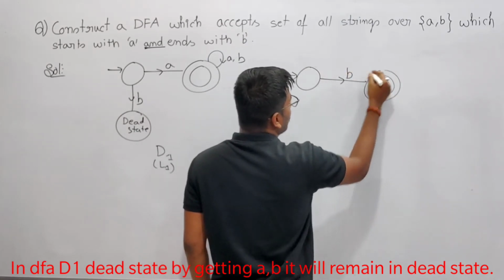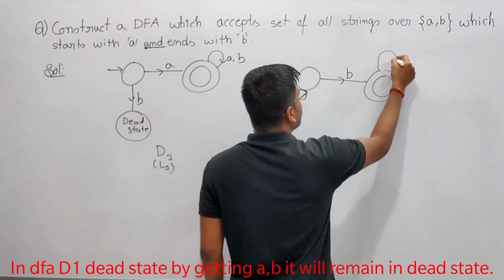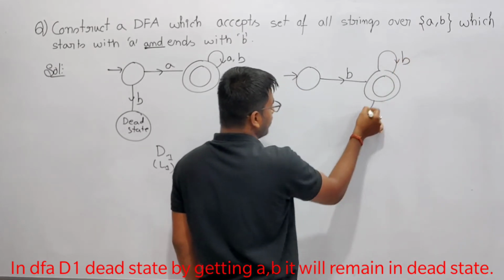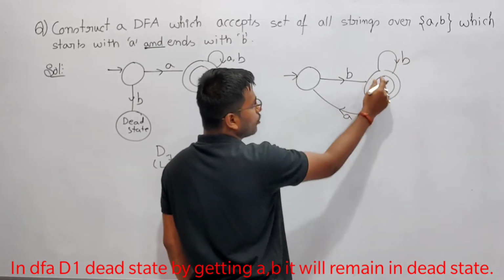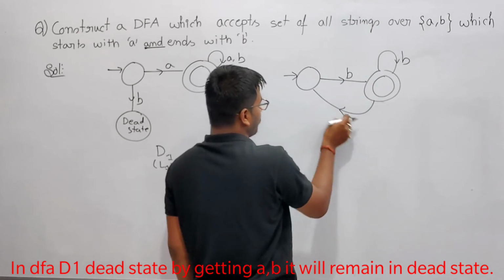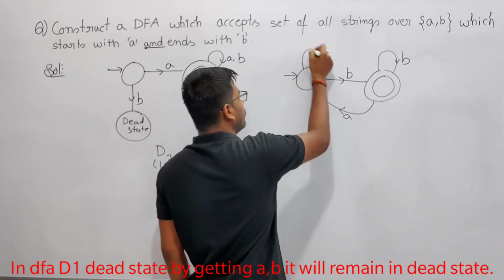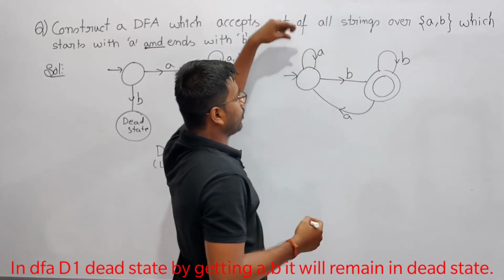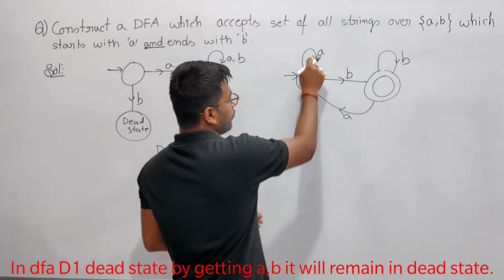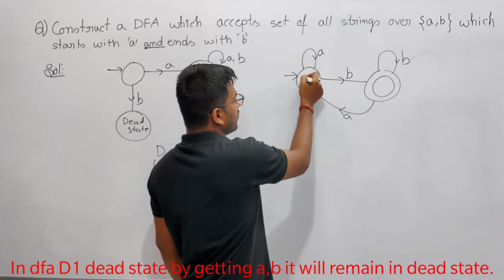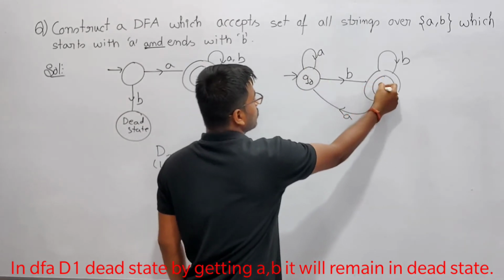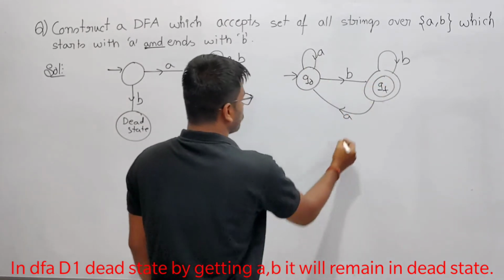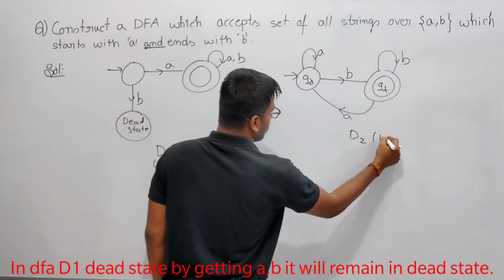Assuming this may be the last b, if again getting b, any number of b, accepted. But if we get a, come back here because it no longer ends with b. After getting a, if again getting any number of a, b, stay there. Or before getting the first b, if you get any number of a, b, stay there. So for this state I have given the transition of a, b, and this state also. So this is D2 for L2.